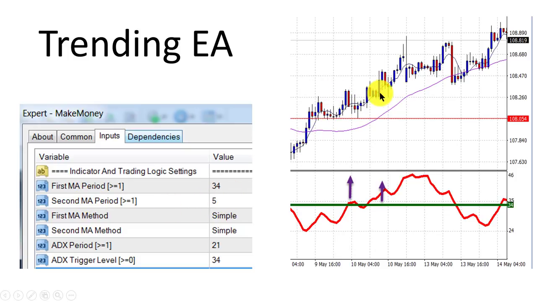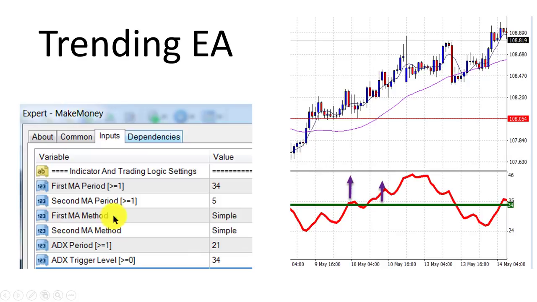You'll see there is the fast moving average going up there. What we want is both of them to point in the same direction, and that will confirm that there's a short-term and a long-term trend happening at the same time. So that's the one test that we perform.